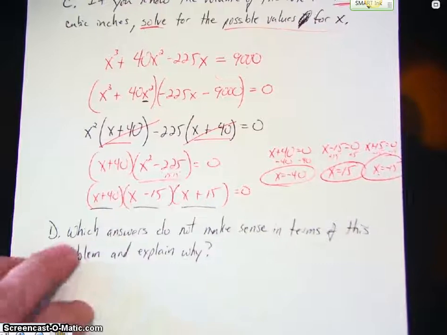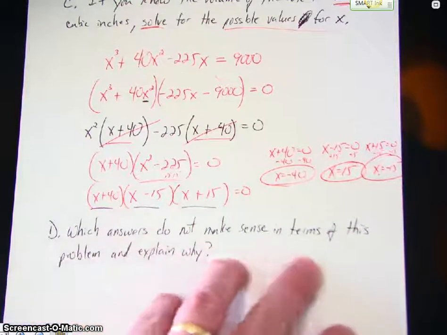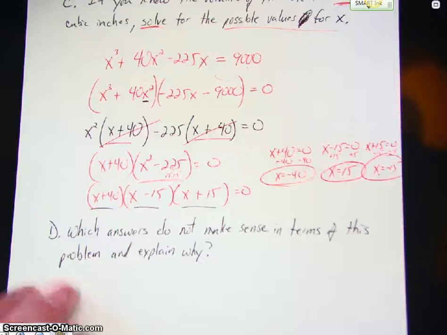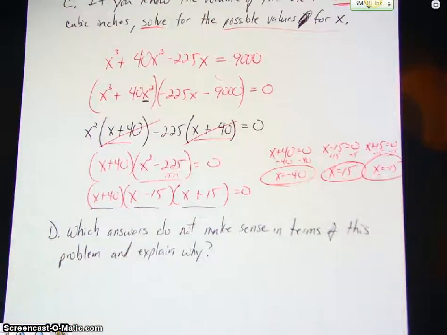All right, part D, which answers do not make sense in terms of this problem? And explain why. Well, we're dealing with volume, and we're dealing with measurements. And so we know that measurements cannot be negative.